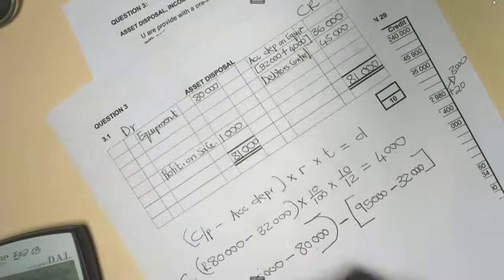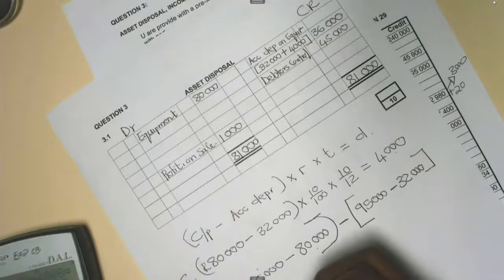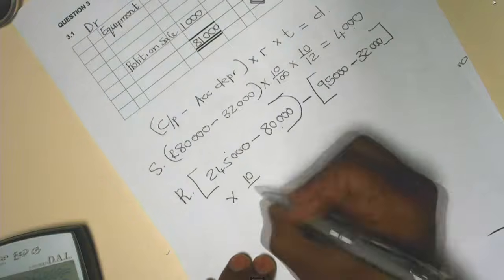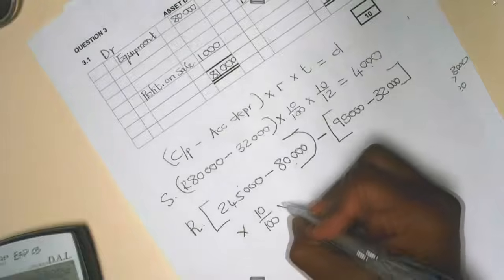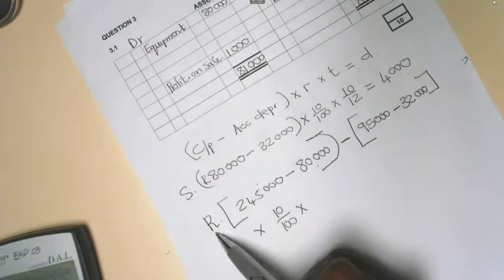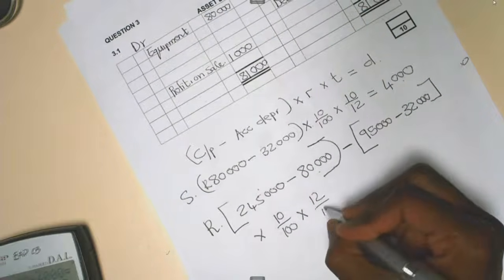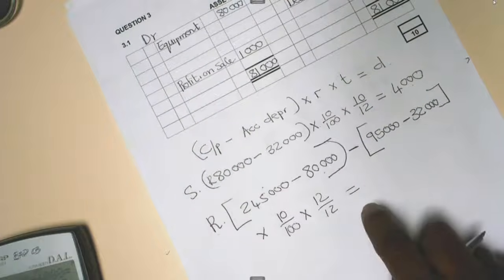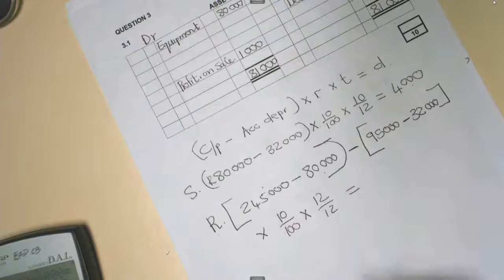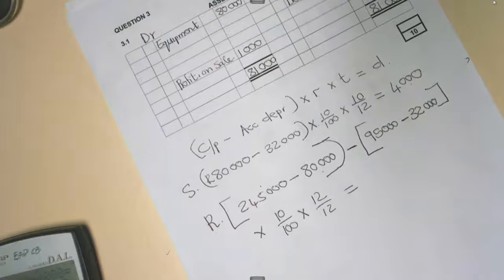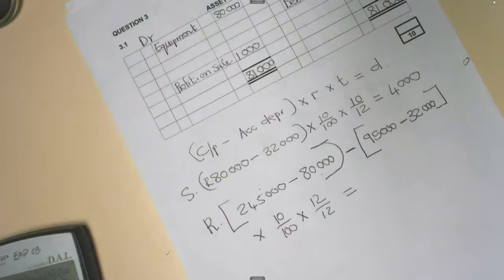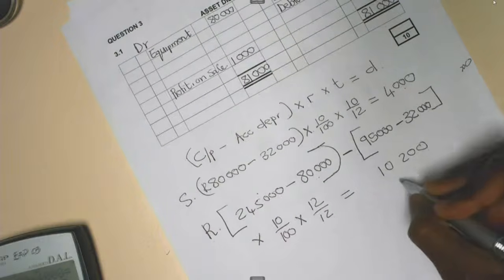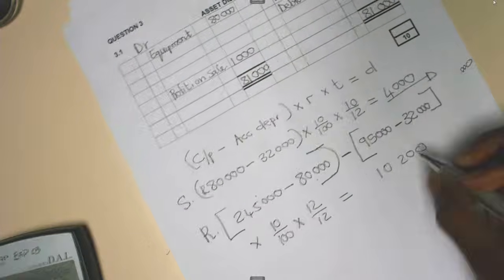Then thereafter we can say times the percentage is 10%. Then we can say times, remember they are remaining, which means it will be for a full year. And when we work out this, the total there should then be 10,200 as your depreciation.